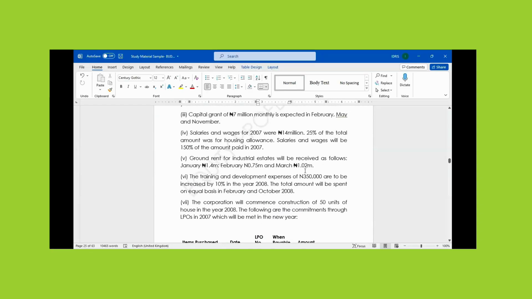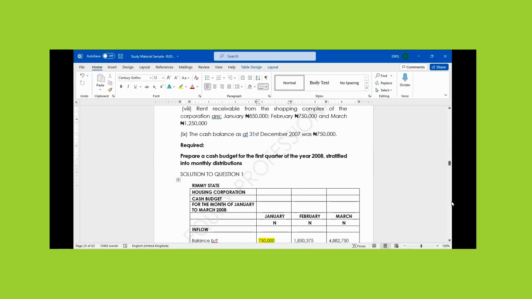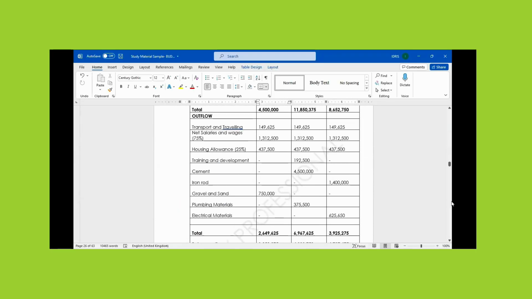That 385, we are going to divide it by what? 2. 385 divided by 2 will give us how much? 192,500. The only one that affects our budget here is which month? February. So 192,500 in February under training and development, under your outflow. Can we all see that? Yes, sir.